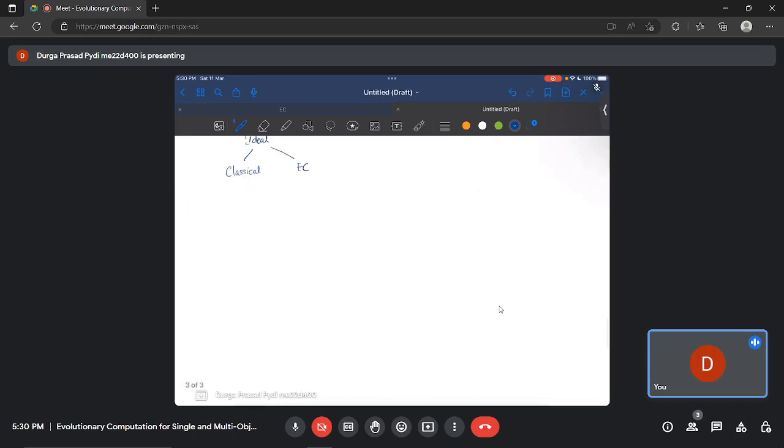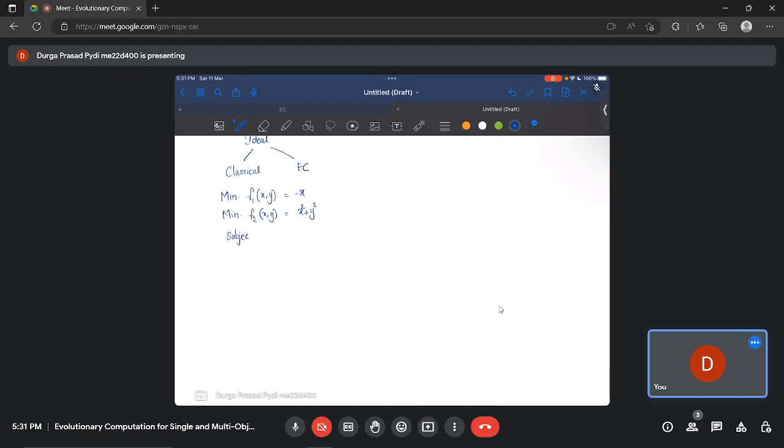So we'll take one example. Say suppose you have a function, minimize f1 of x comma y equal to minus x, and another function f2 of x comma y equal to x square plus y square, and both of them are subject to conditions.